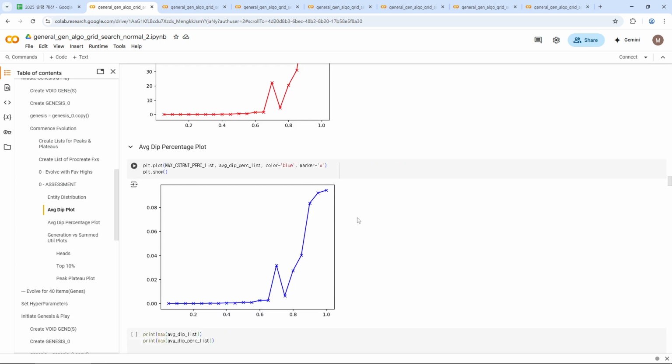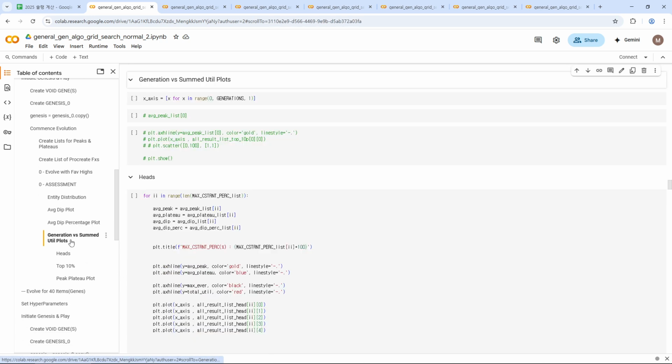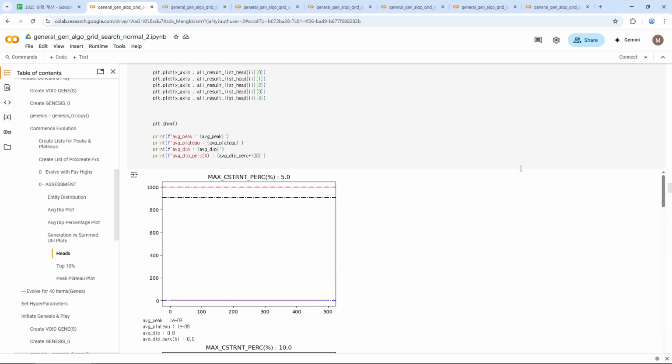This is the average dip percentage plot, as expected, because we only have 10 items. And these are the generation against summed utility plots, where the x-axis is the generation and the y-axis is the summed utility values. And these are the plots for the heads.